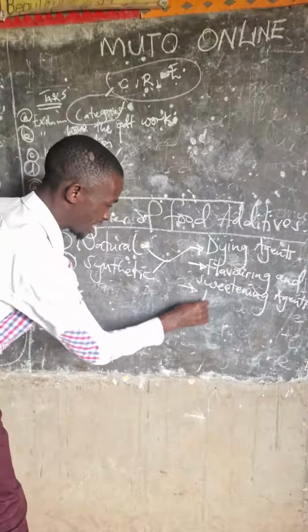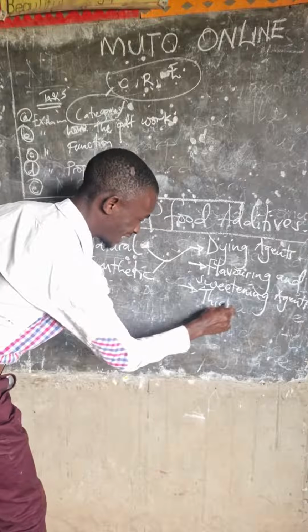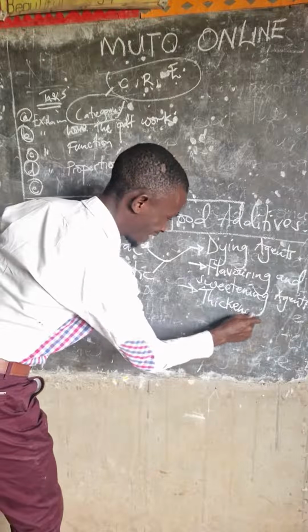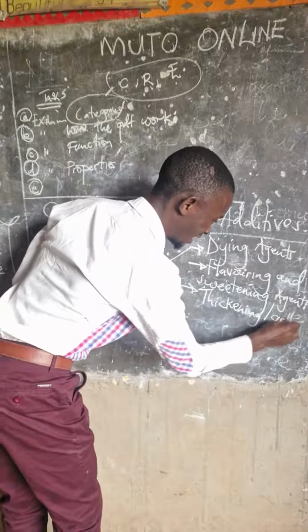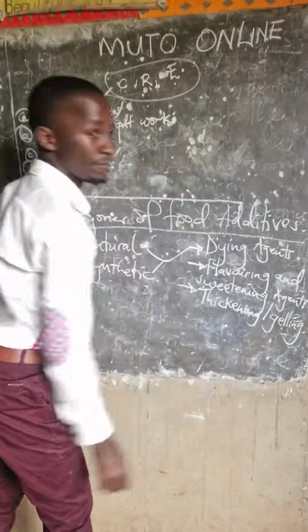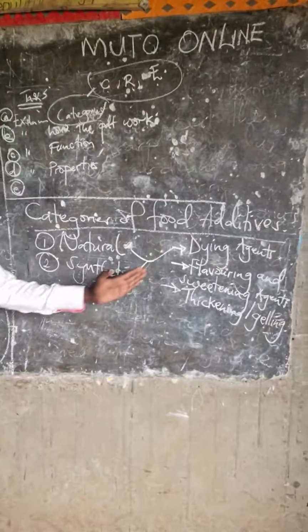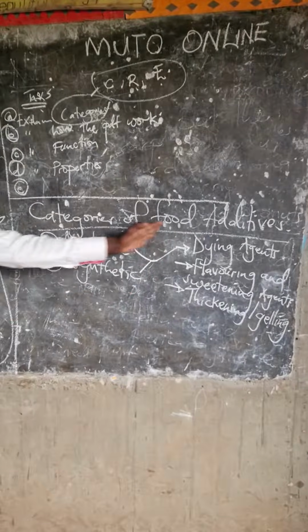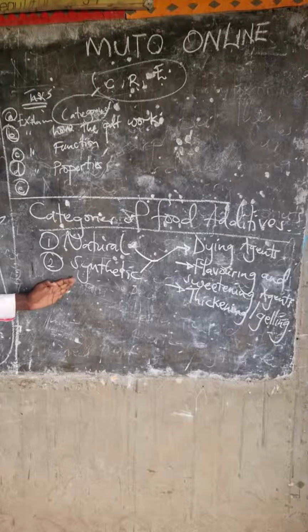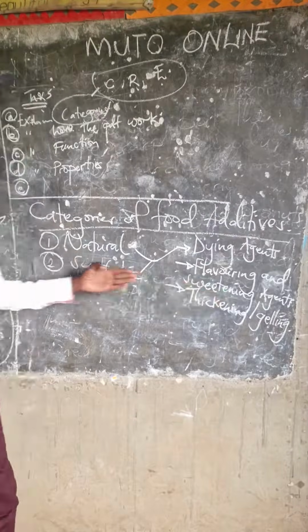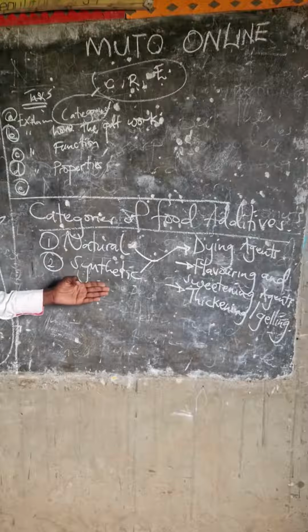They may be thickening or gelling agents. We are giving the food additives. So the dyeing agents may be natural or synthetic. The flavoring or sweetening agents may be natural or synthetic.